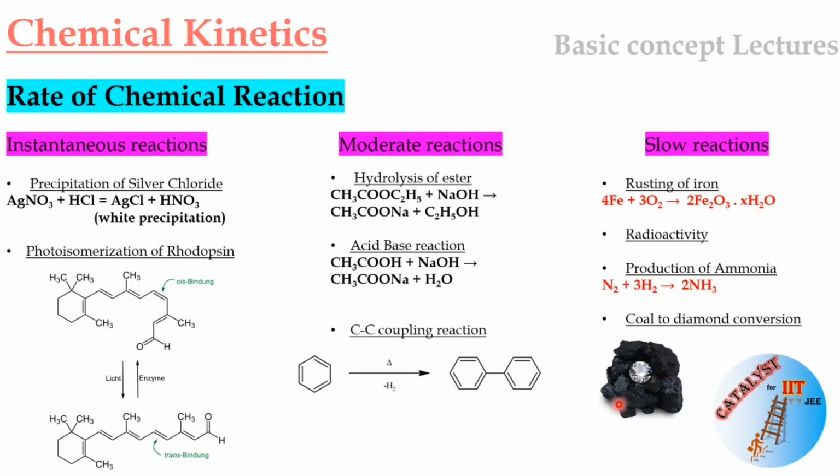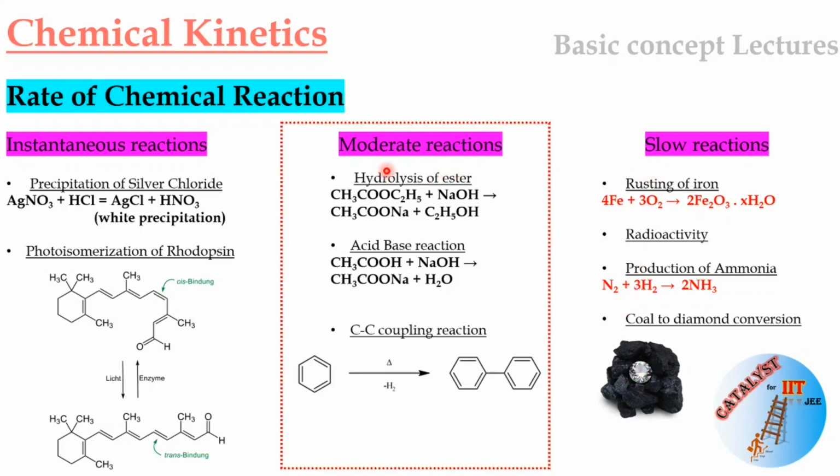Also the conversion of coal to diamond is a good example of a slow reaction. Now in this chapter, moderate reactions are of main interest because these reactions are easy to study. So we are going to mainly focus on these moderate reactions to understand chemical reactions.